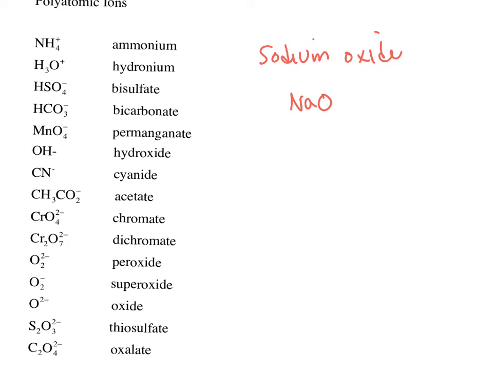Since oxygen is normally -2, and sodium is always +1, that'll give us a formula of sodium 2, oxygen 1. And we would write that as Na2O, sodium oxide.